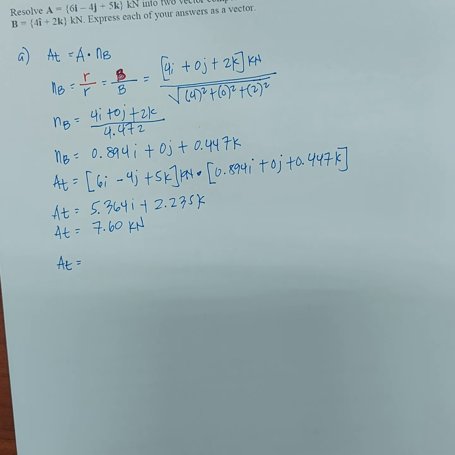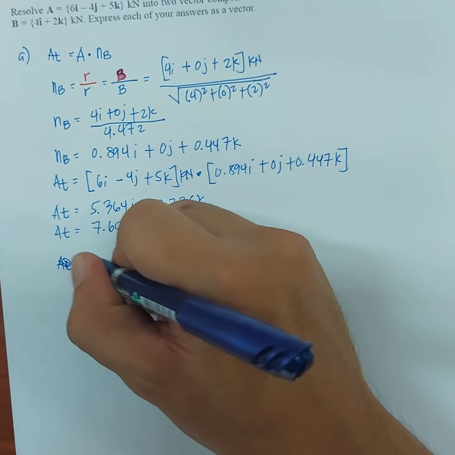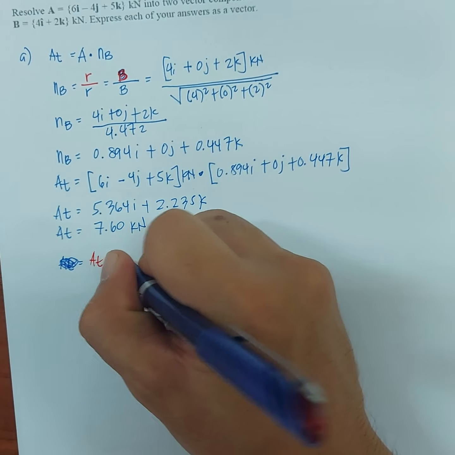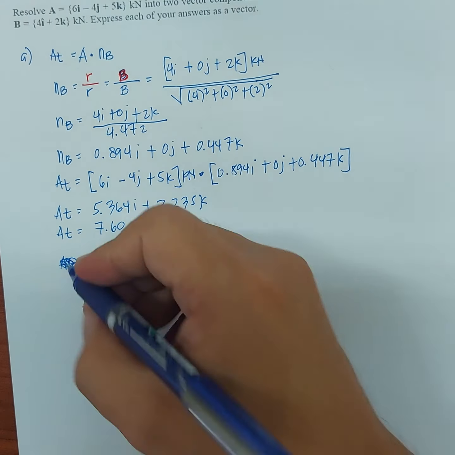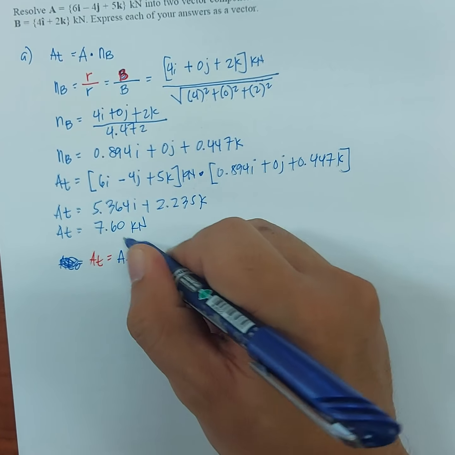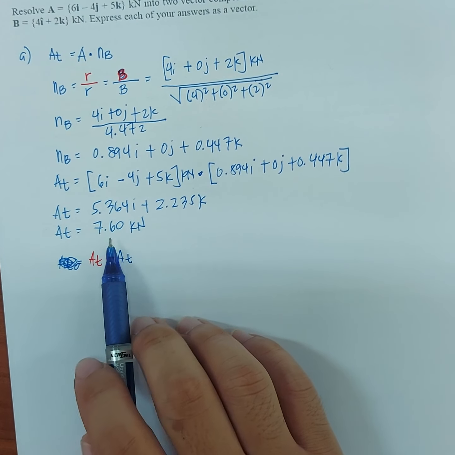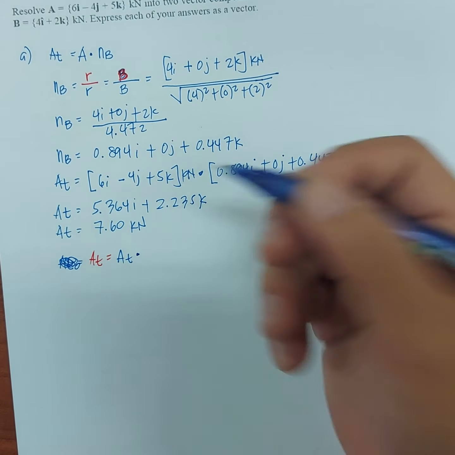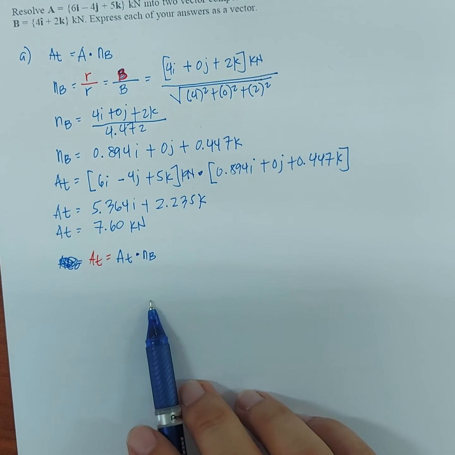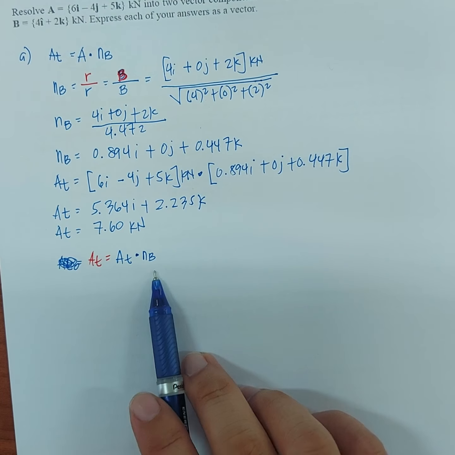So AT in Cartesian vector form is equal to our force, the magnitude of AT, times our unit vector along B, which was solved a while ago.